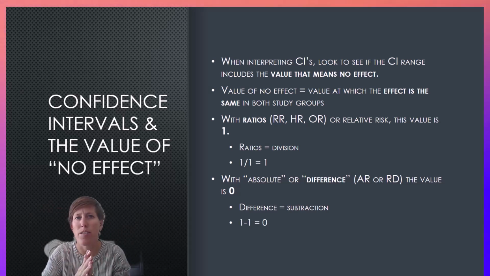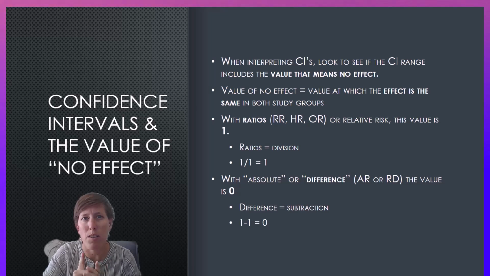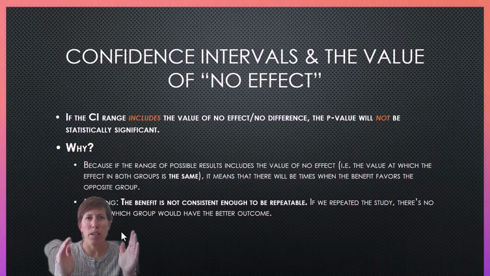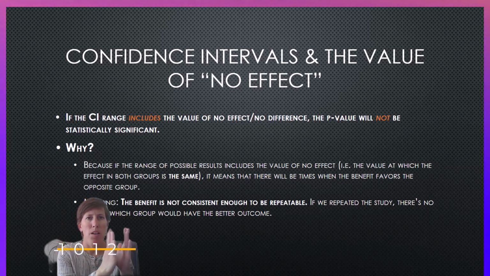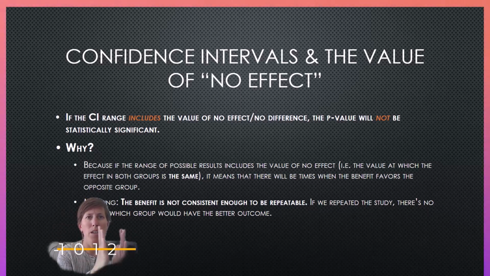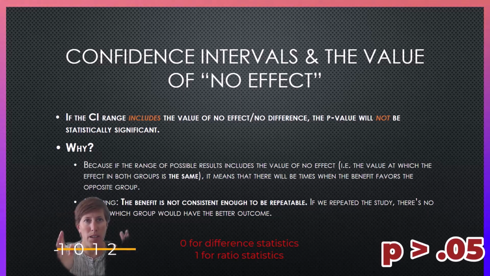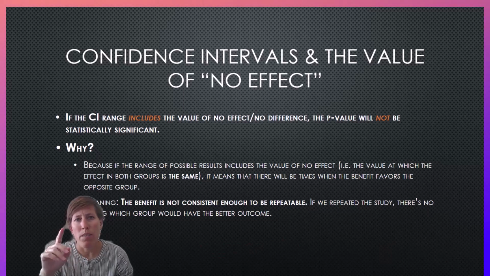How does this relate to confidence intervals? Let's look at it. When you are looking at your confidence interval, if within that range falls the value of no effect, then your p-value is statistically insignificant. So why is this?